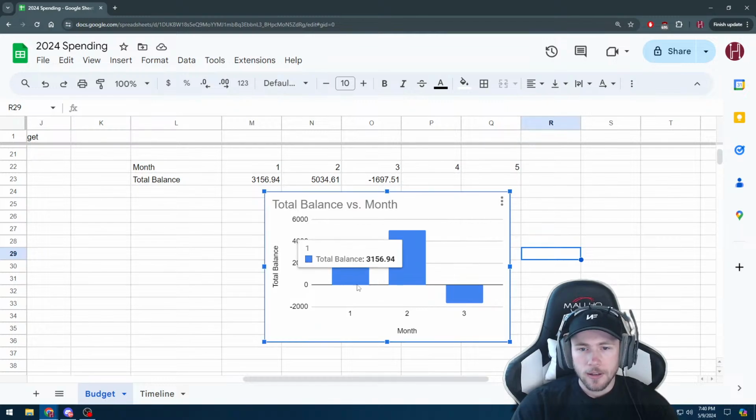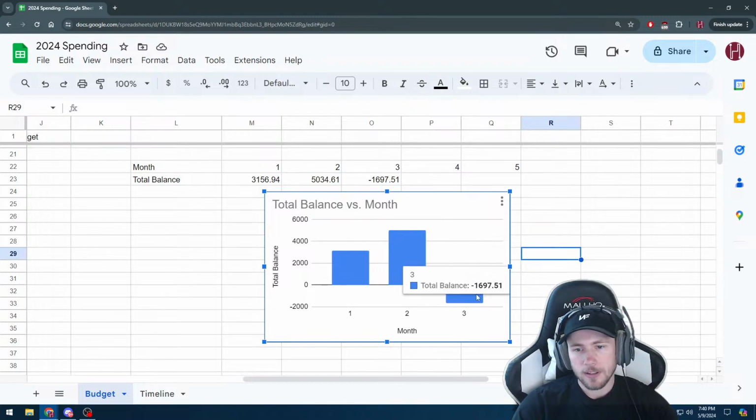As long as we're increasing from one month to the next, that'll essentially be increasing. Seeing a negative here would be bad.